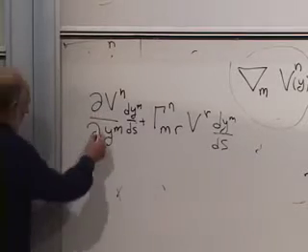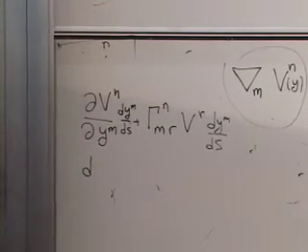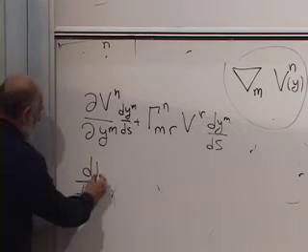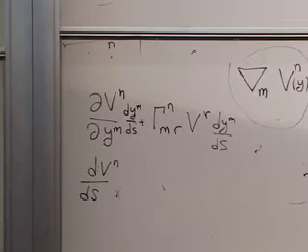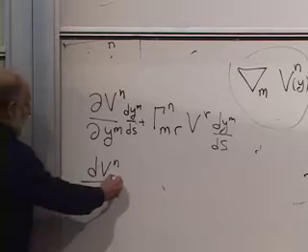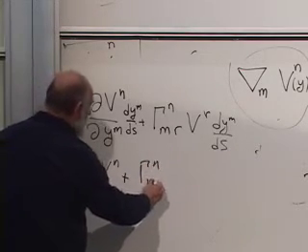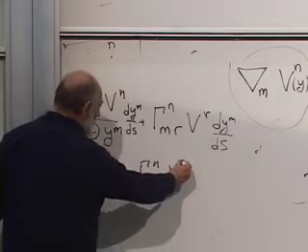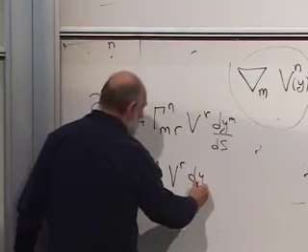This object over here is just the ordinary derivative with respect to s of Vn. So along the curve, we differentiate. It's the first term, but then there's another term, and the other term is gamma nmr times the vector that we're differentiating, times the tangent vector.